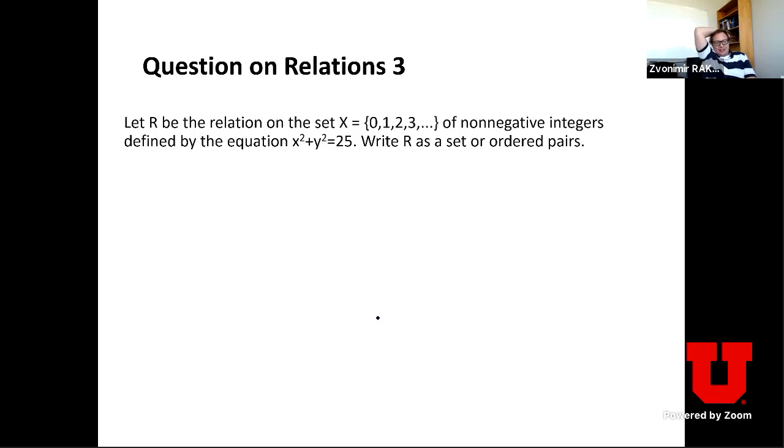Note an interesting thing about this one is that both domain and codomain have an unbounded number of elements, so you can't really write down all of the elements of domain or codomain. And yet it's still really easy to write down this relation as a set of ordered pairs, because there is actually a really small number of pairs that satisfies this equation. So maybe I'll give you one more minute and then I'll do it for you. And let me know if there are any questions.